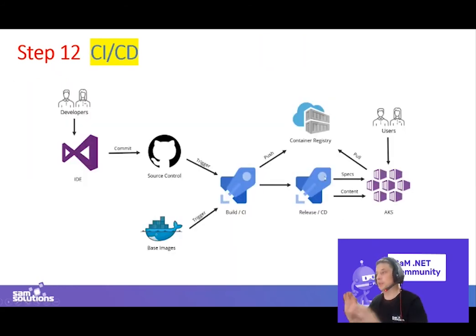For CI/CD, we have a good picture provided by the Sitecore team. They also have a good demo of what it generally looks like. In Azure DevOps we can build pipelines. This pipeline will generally be triggered by source control, right? Inside it, it will get the base images we specified in the specification.